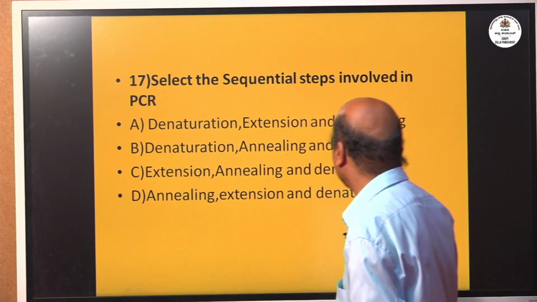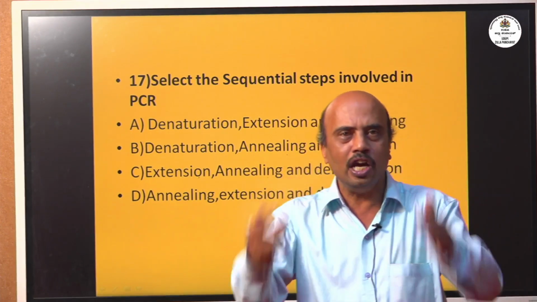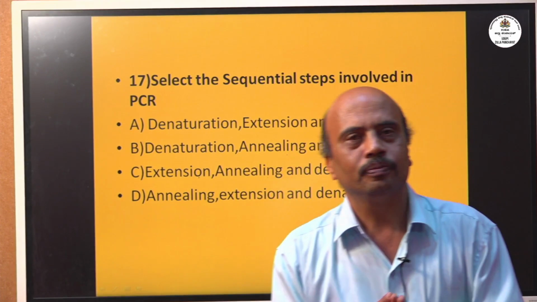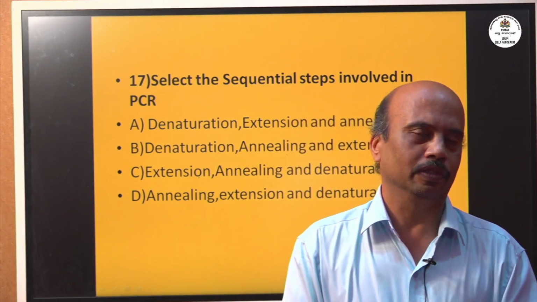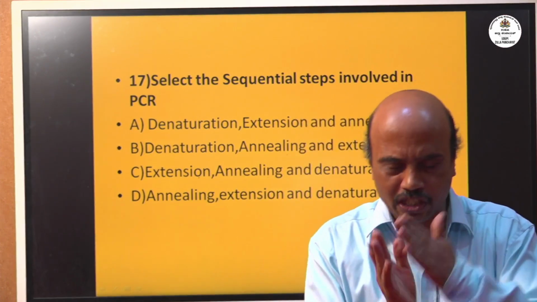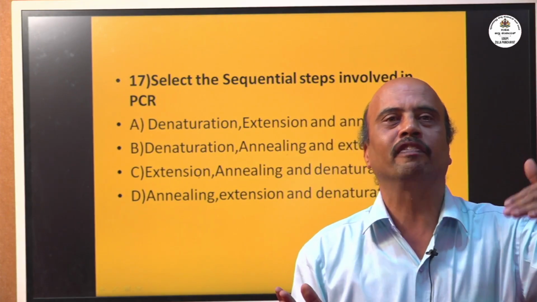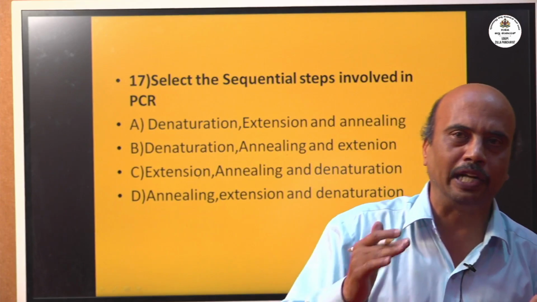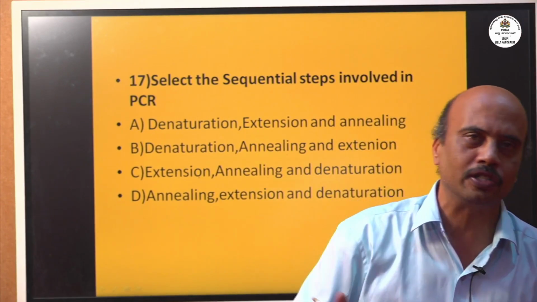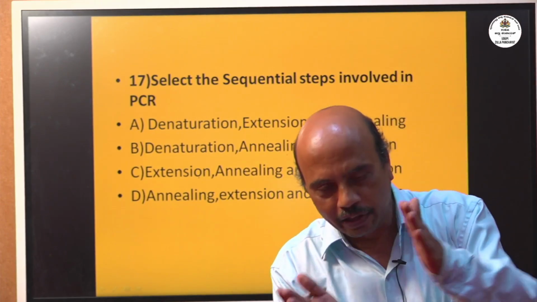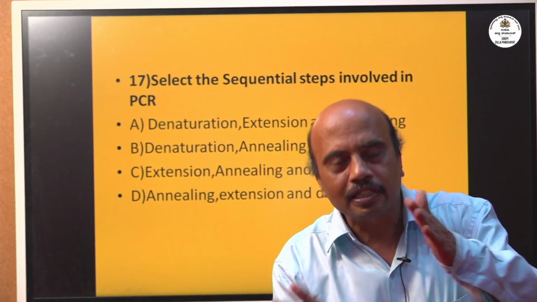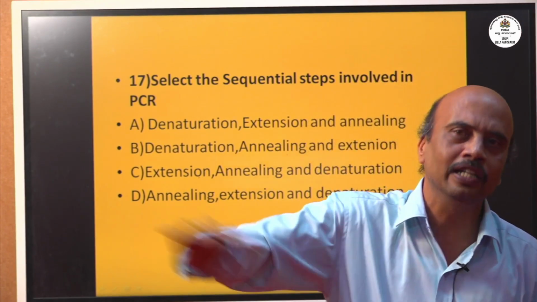Annealing, extension and denaturation. Now, in a PCR procedure, we use a thermocycler machine. In the thermocycler machine, first the DNA is denatured. That means DNA segments are separated by treating with high temperature, about 92 to 95 degrees Celsius. When they are subjected to this, the DNA segments separate, by dissolving hydrogen bonds.